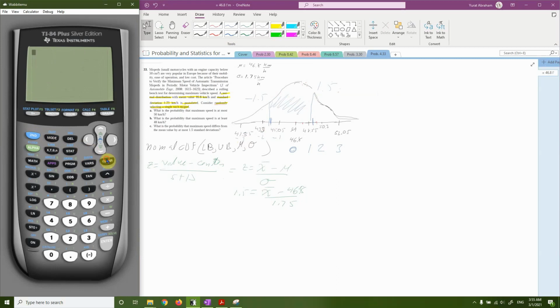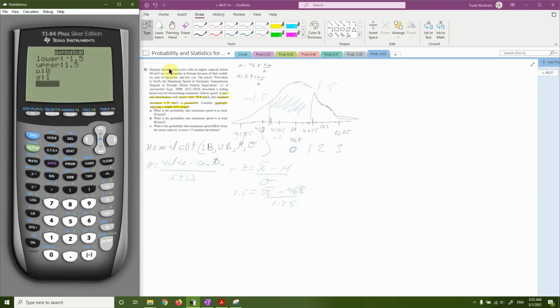So I'm going to quit this and clear, second distribution, normal distribution, and right here in the lower bound I'm going to put negative 1.5, and my upper I'm going to put 1.5. My mean and my standard deviation I keep it 0 and 1. I was practicing right before making this part of the video.